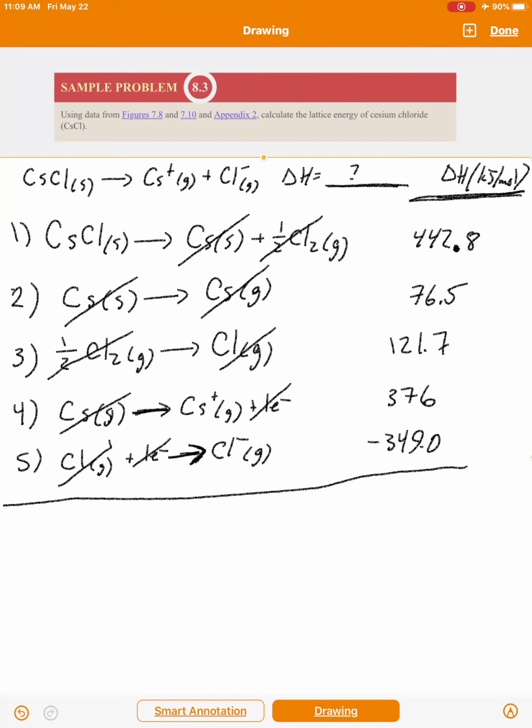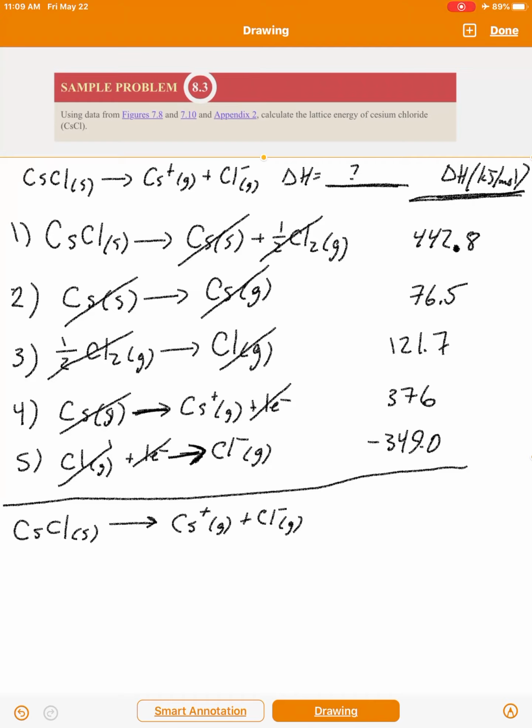So overall, it's CsCl solid goes to Cs plus and Cl minus gas. And that's what we were looking for. Delta H would be the lattice energy.